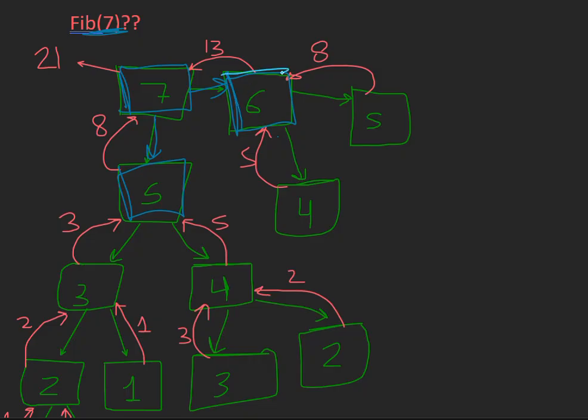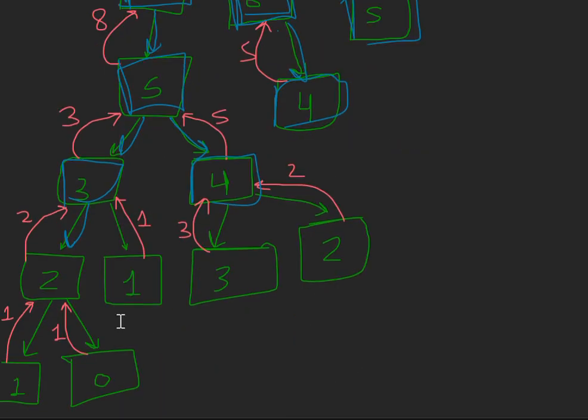But 6 will call 5 and 4, and here 5 will call 3 and 4. 3 will call 2 and 1. And then this 2, let's say, will call 1 and 0.